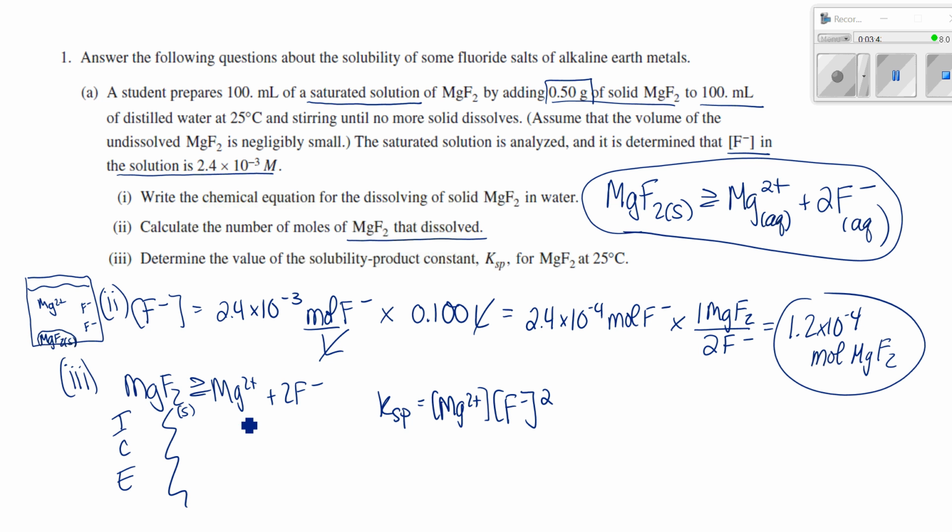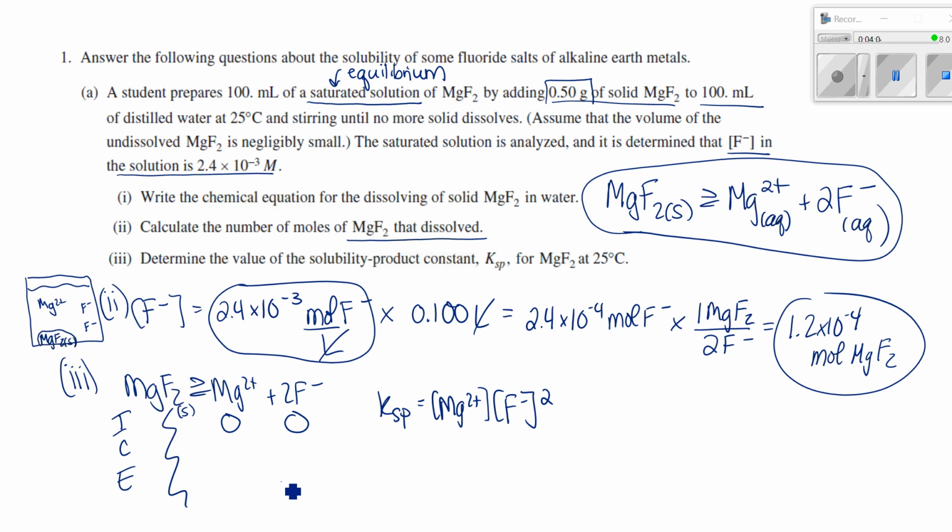We're dissolving the magnesium fluoride in pure water, so initially we've got 0 of these 2 ions, and in a saturated solution, the fluoride concentration is 2.4 times 10 to the negative third. Whenever you see the word saturated, you want to think equilibrium. So a saturated solution is at equilibrium.